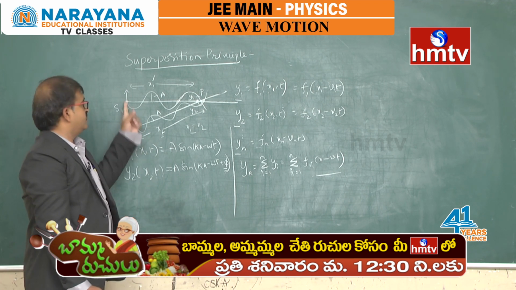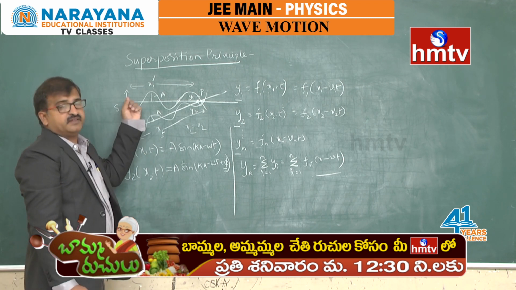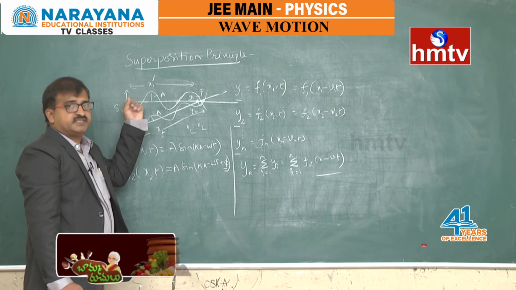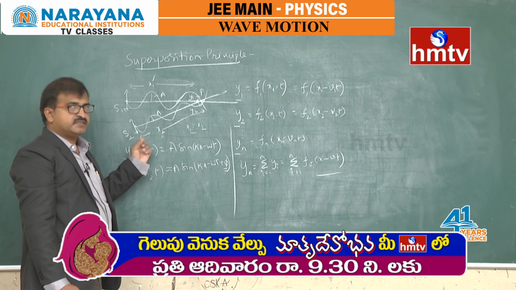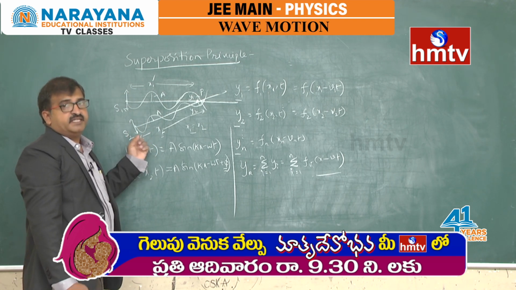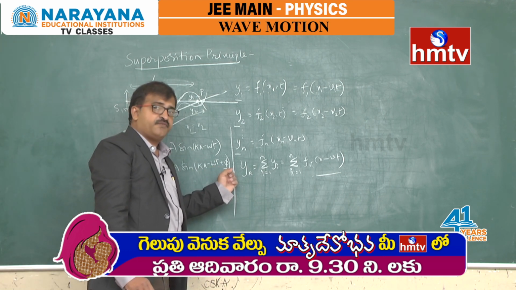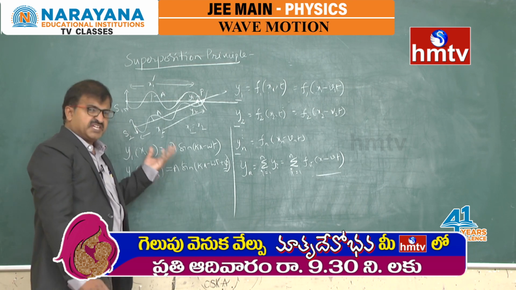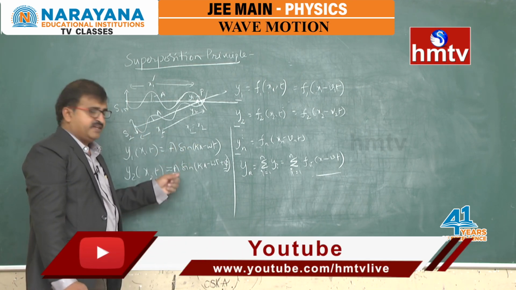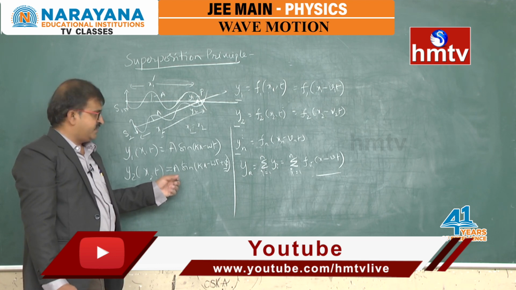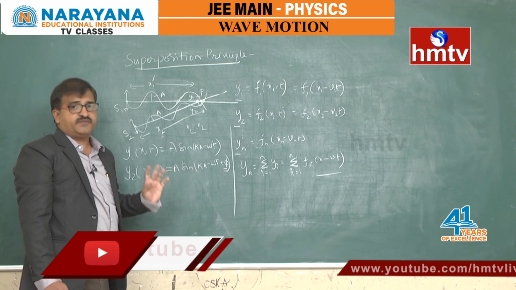That means both may not have started simultaneously, or when one is crossing its mean position, S2 is not in the same state of vibration, so there is some phase difference. That phase difference is introduced as phi. Generally, we can derive the principle of superposition by taking A1, A2 different, and by considering phi, and x1, x2 different also.